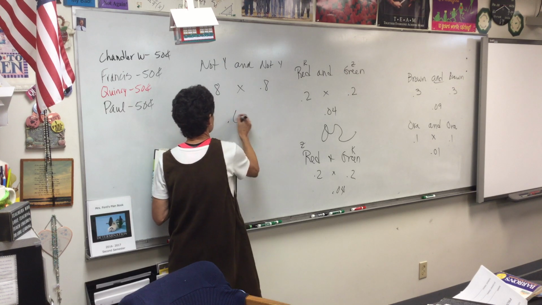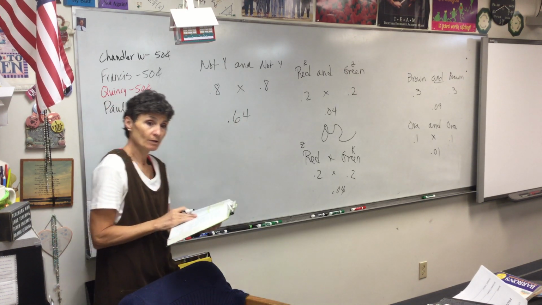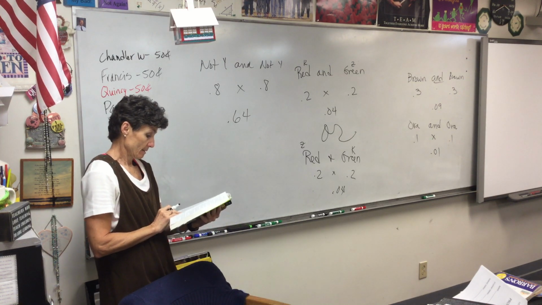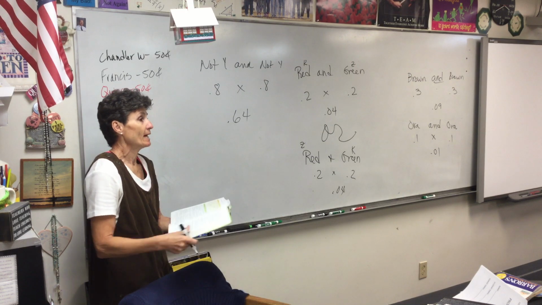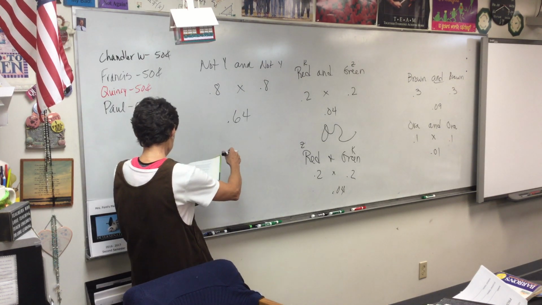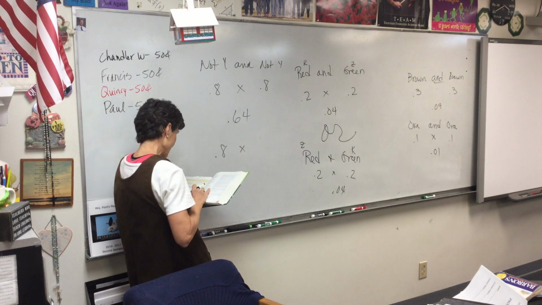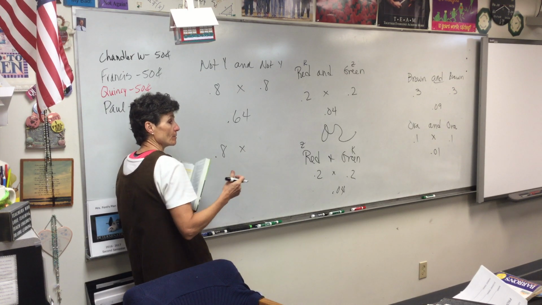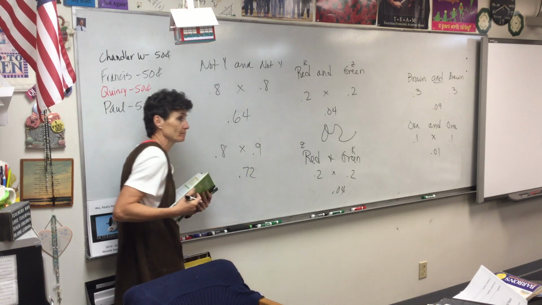And not yellow, so the answer is 0.64. The first is not red. What's that probability? 0.8. And the second is not orange. 0.9. The answer is 0.72.